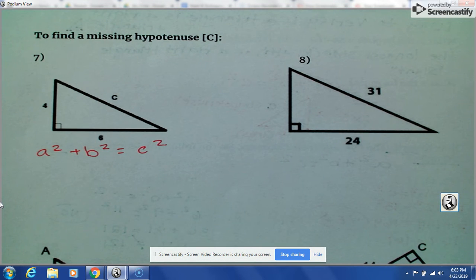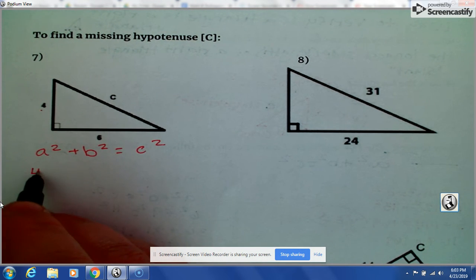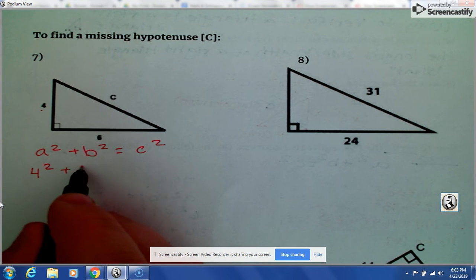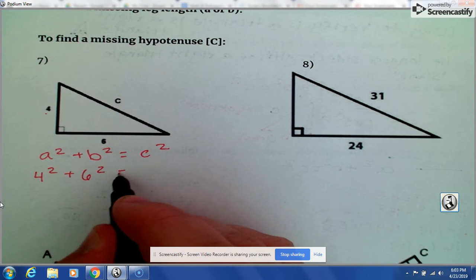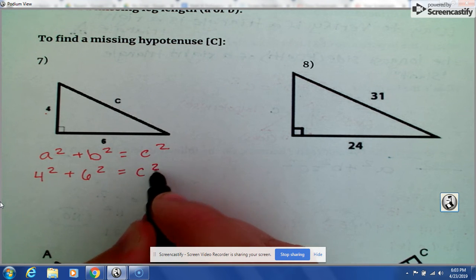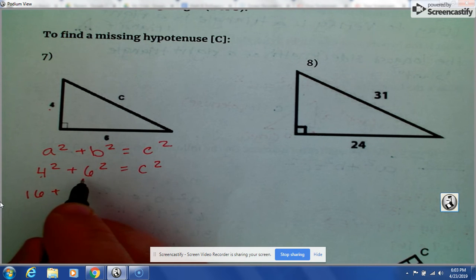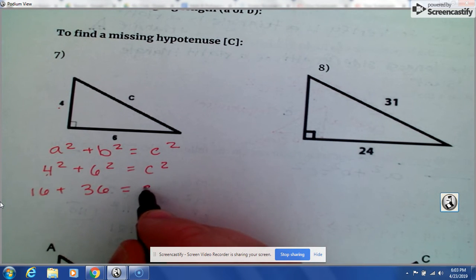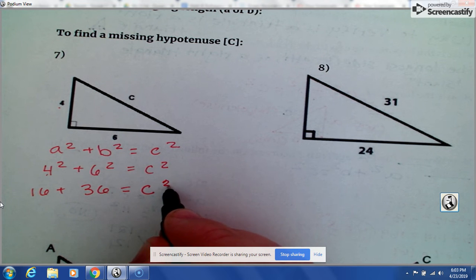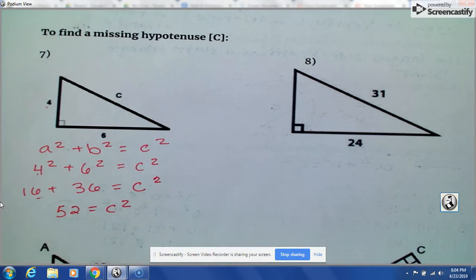And we're going to plug stuff in. 4 goes for A, 6 goes for B. You could have done 6 squared plus 4 squared, doesn't matter. But we don't know what c squared is. So 4 squared is 16. 6 squared is 36. And that equals some value squared. We don't know what it is yet. Add those two together and you get 52 equals c squared.